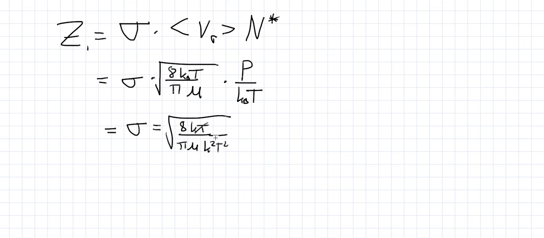And so we can cancel. And we get the final equation for our single particle collision rate, where we have the square root of 8 over pi mu kT times the pressure.